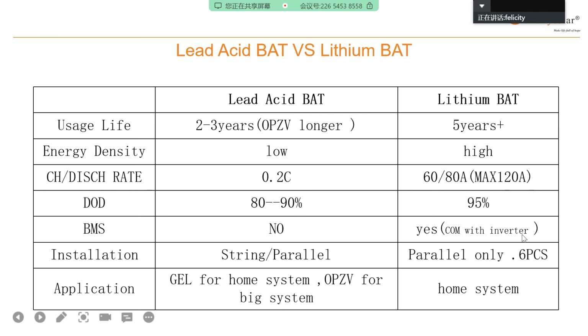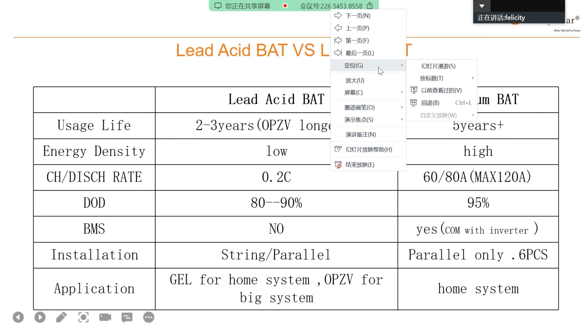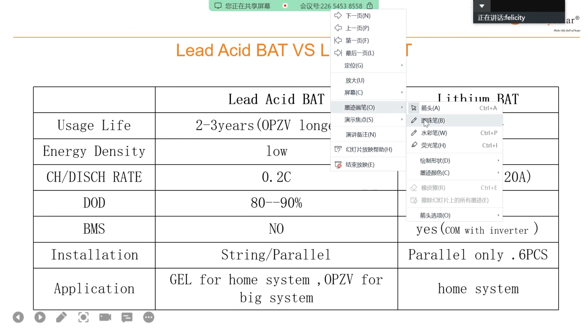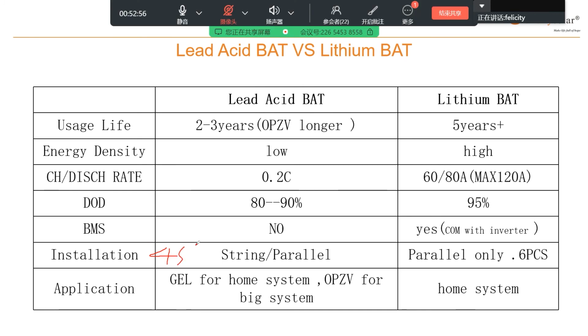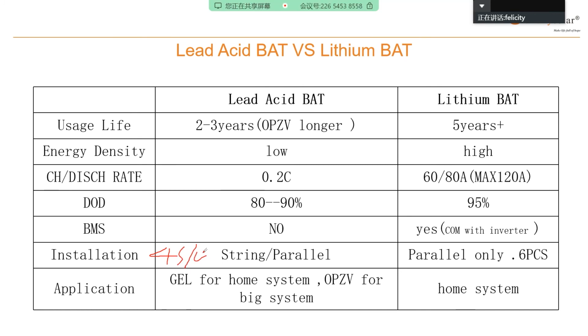The next part is installation. Lead acid can be connected in series and parallel, but it also has limitations. We recommend a maximum of 4 in series and 4 in parallel, so the maximum is 16 pieces, less than 16 pieces. This is our recommendation.